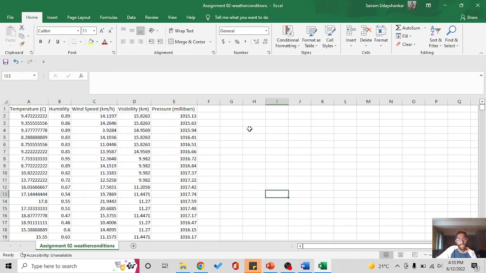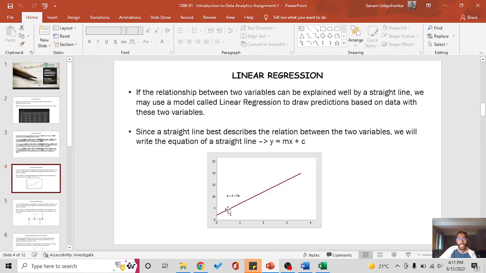Moving on, let's first understand what linear regression is. Linear regression is a predictive analysis model which uses a straight line to best describe the relationship between a dependent variable y and one or more independent variables x, or x, z, a, b, c.